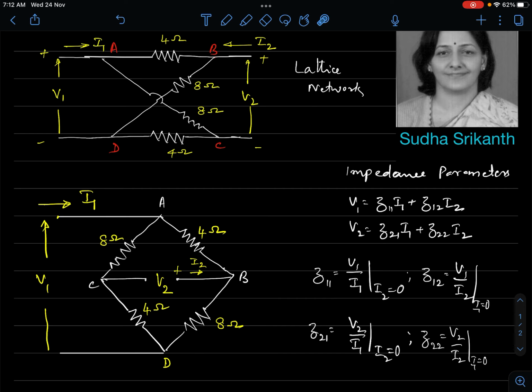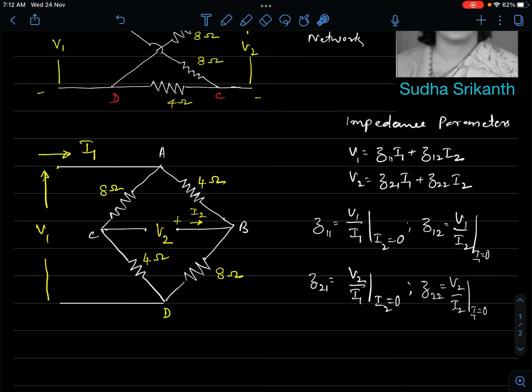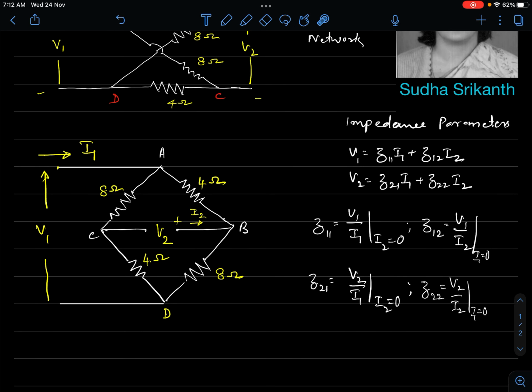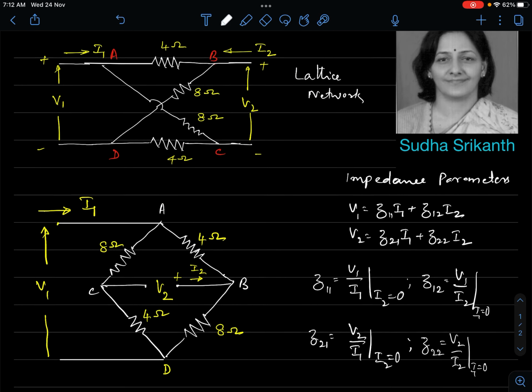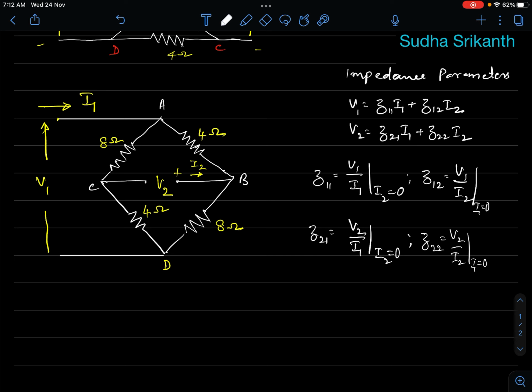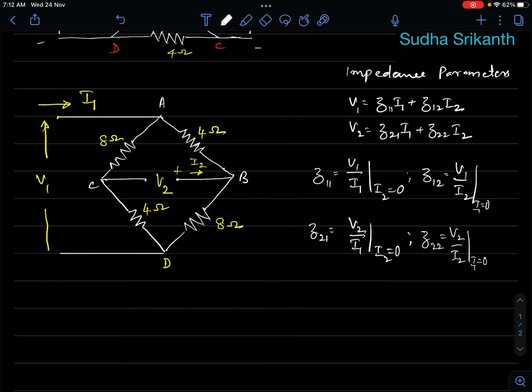So it is a simple structure. V1 to I1 is nothing but the impedance offered by this network. It is 8 and 4 in series, 8, 4 and 8 in series. So 12 ohm and 12 ohm in parallel would make the impedance half of 12, that is 6 ohms. So I can work it out manually, right? These problems could be for objective questions, because one can mentally work it out.